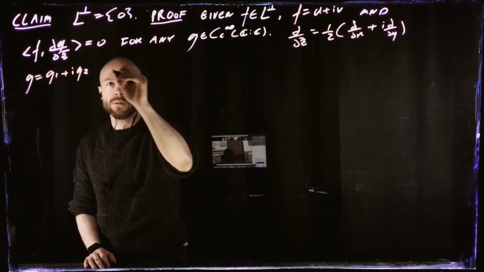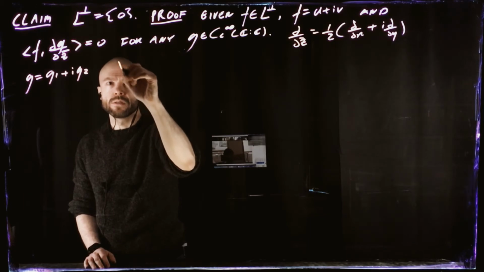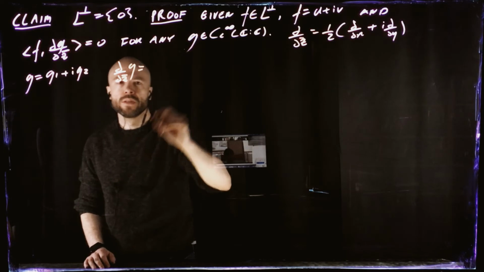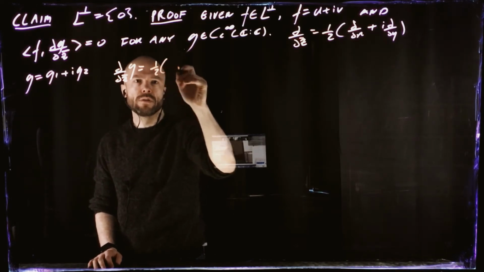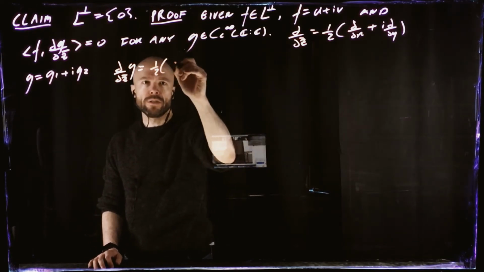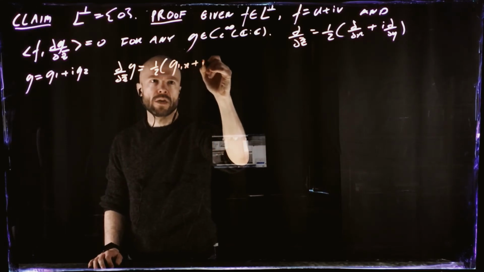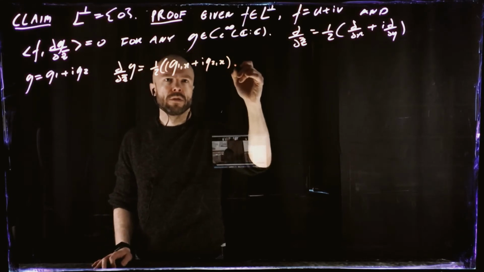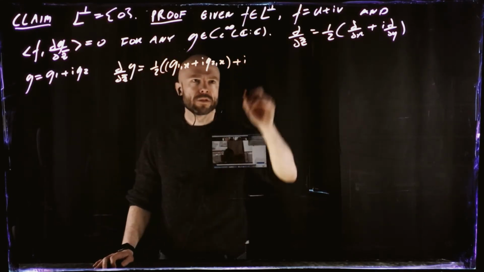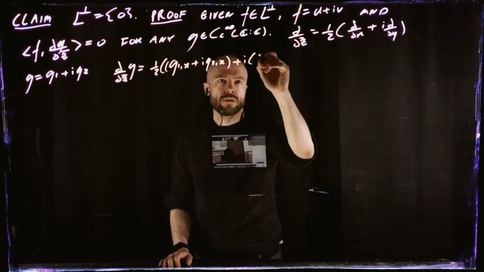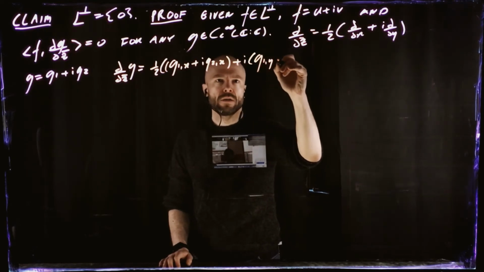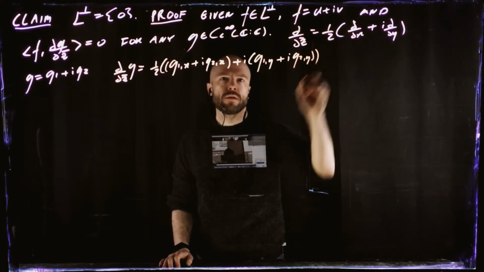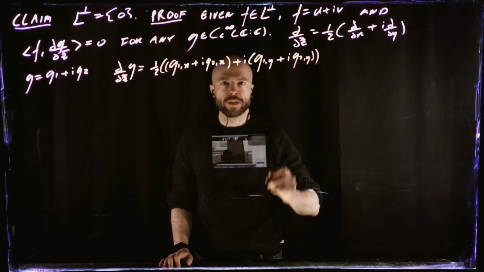So writing out in coordinates, d by dz-bar of g is equal to a half, and then let's put the partial on this, so it's g1 comma x plus i g2 comma x, like this, and then i times g1 comma y plus i g2 comma y. And then let's put the real and imaginary parts together.